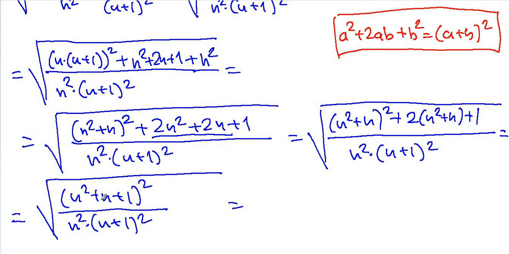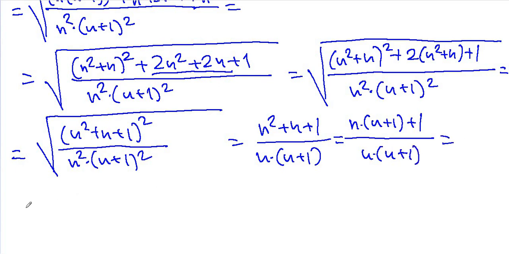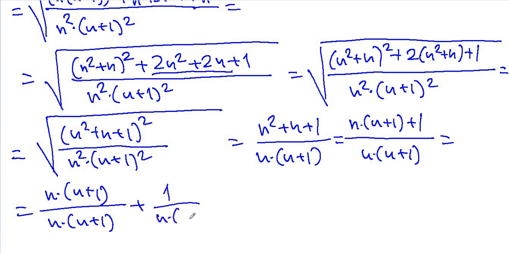And as you can see, both numerator and denominator are perfect squares, so therefore the last expression simply is equivalent to n squared plus n plus 1 divided by n times n plus 1. Now we can continue to simplify. So the numerator can be written as n times n plus 1 divided by n times n plus 1, plus 1 over n times n plus 1.